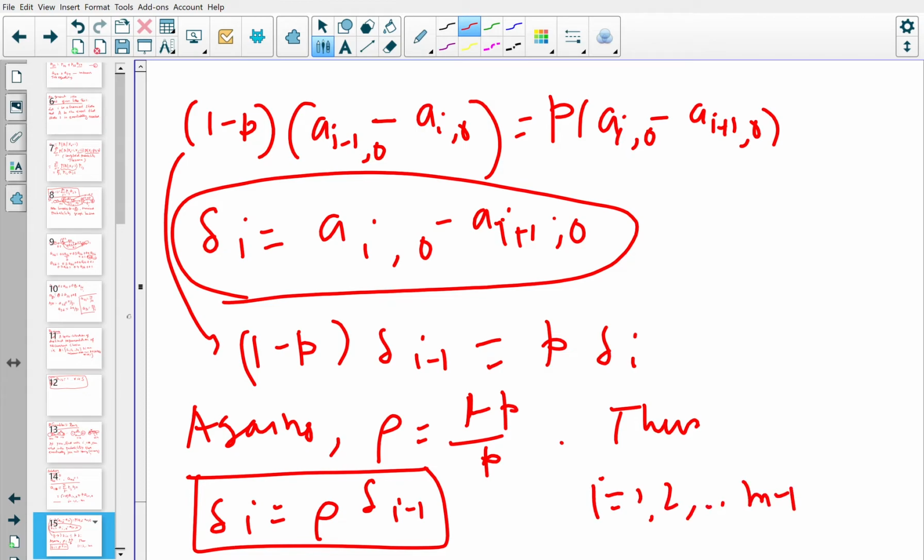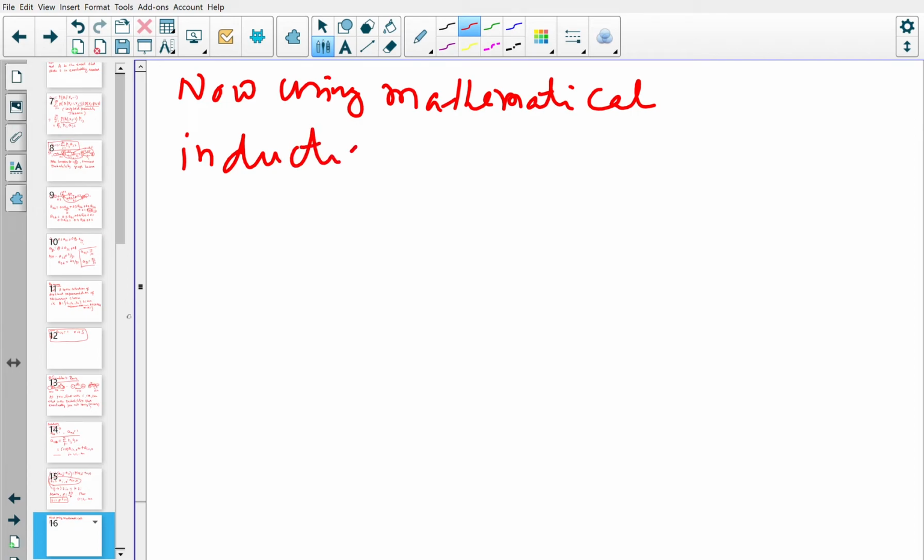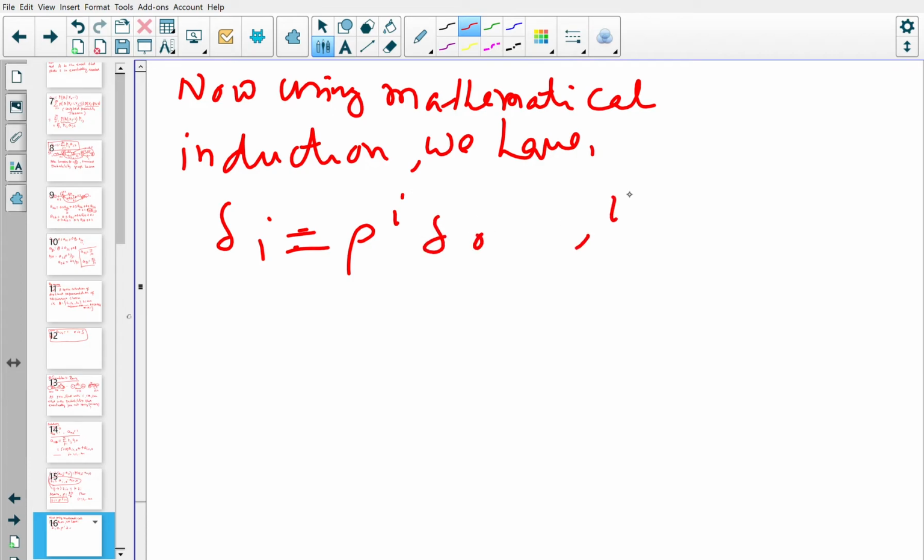Using mathematical induction, you can easily find that delta_i is nothing but rho to the power i times delta_0, and this is true for i equal to 1 to M minus 1. Okay, clear.